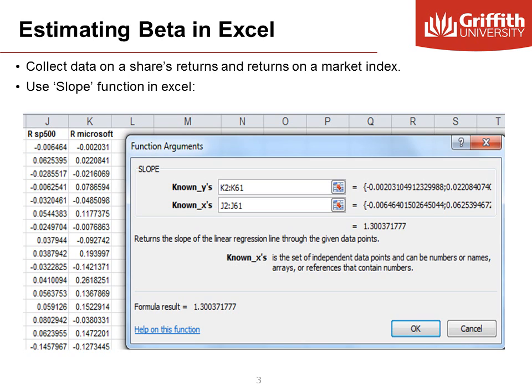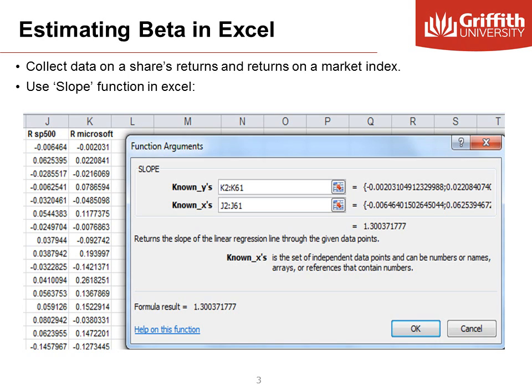Calculating beta in Excel is easy. After we download the prices for the share and for the market and calculate the returns on both, we use the slope function to find the coefficient beta. So this is the function in Excel called slope.